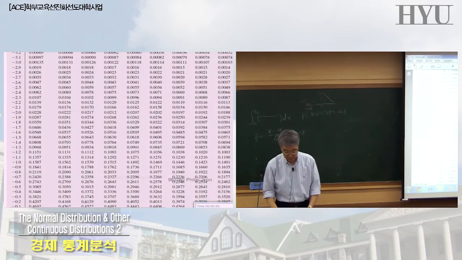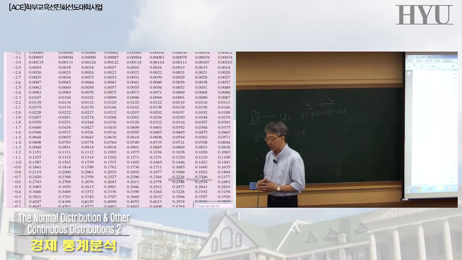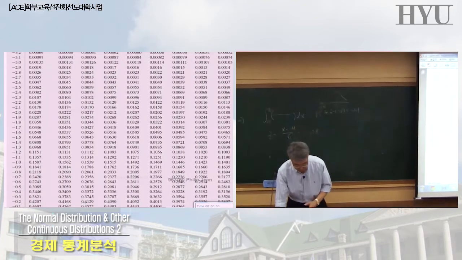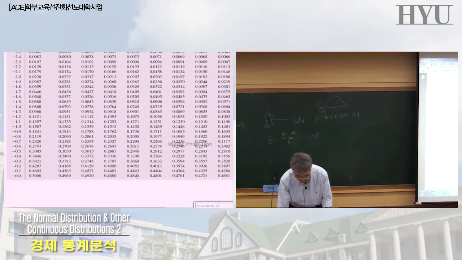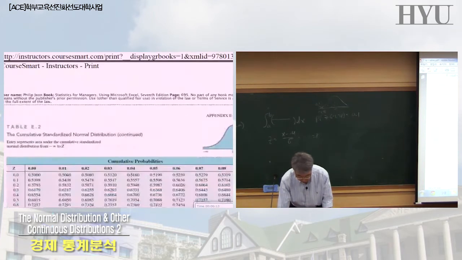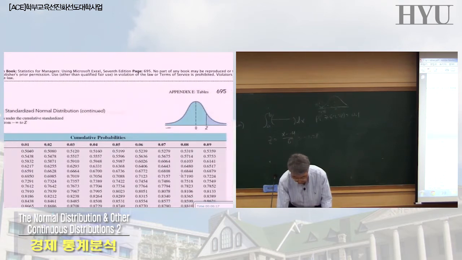As I explained, the statisticians already spent so much time constructing this z-table. This is only half of the z-table. If you go to the next page, then you have the other side, in case z value happens to be positive, starting from 0, 0.1, 0.2, and so on.